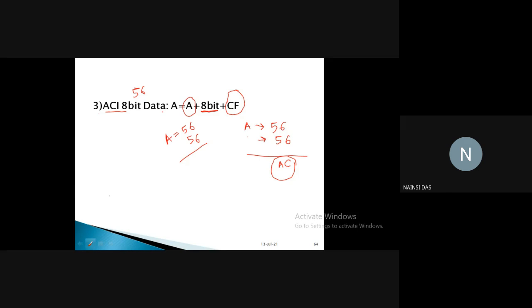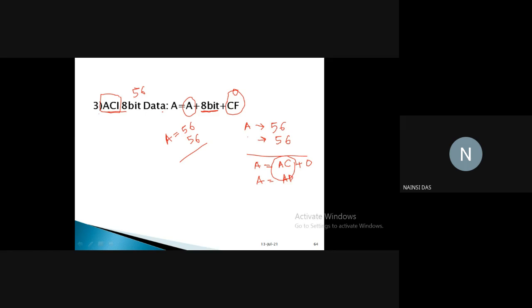So Nancy, in which context are you asking? Try to understand. Whenever you are mentioning ACI, you need to take two conditions. If CF is 0, your answer is AC because your CF is 0. If the carry flag is 1, it will give you the answer AD.